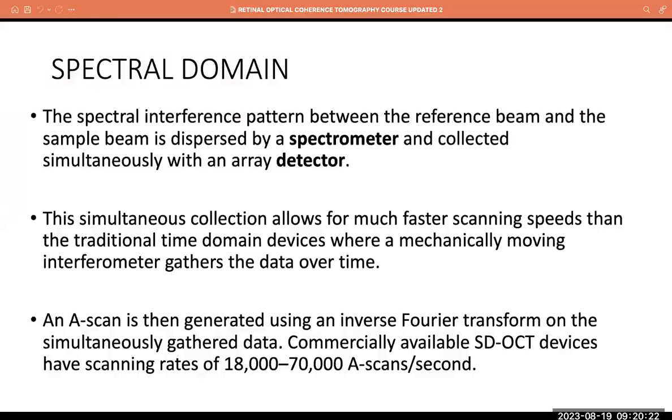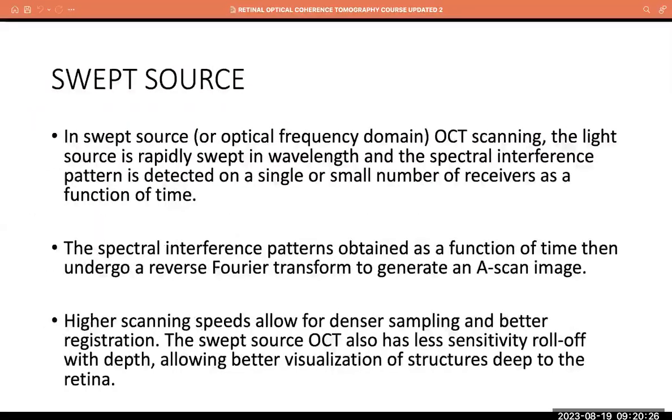The idea of getting a faster scan is that the patient can move their eyes. But if in a second you can get 70,000 scans, a second of the patient's cooperation can go a long way in giving you what you really want as a physician. So the swept source is next. It's the next phase.